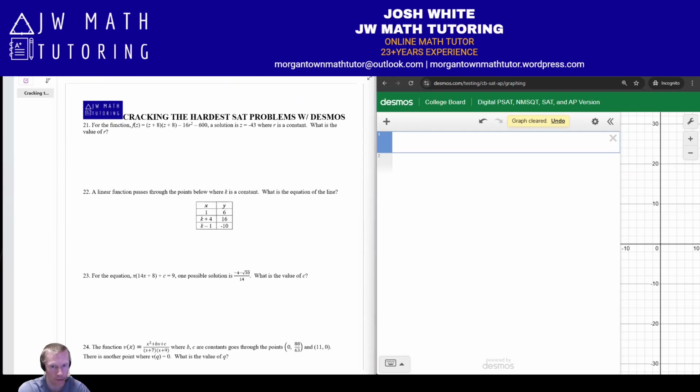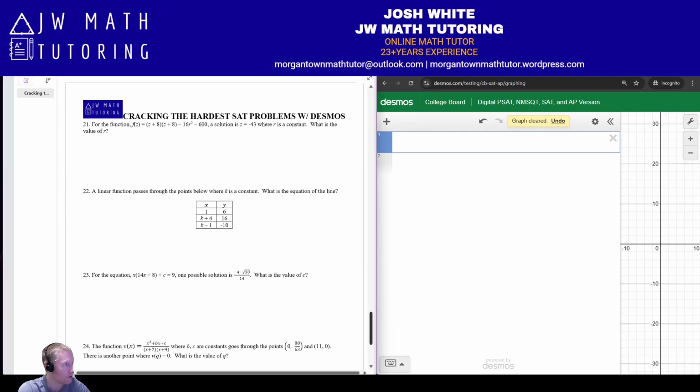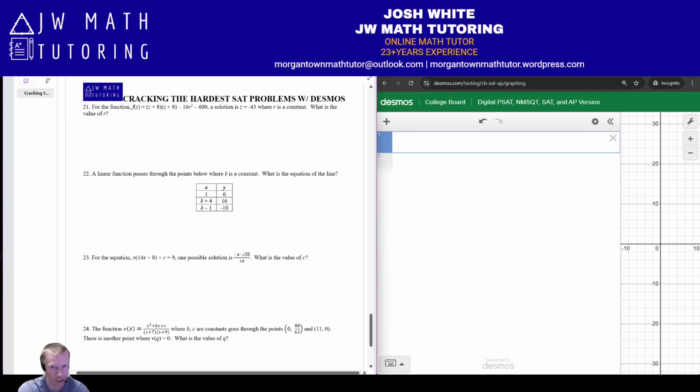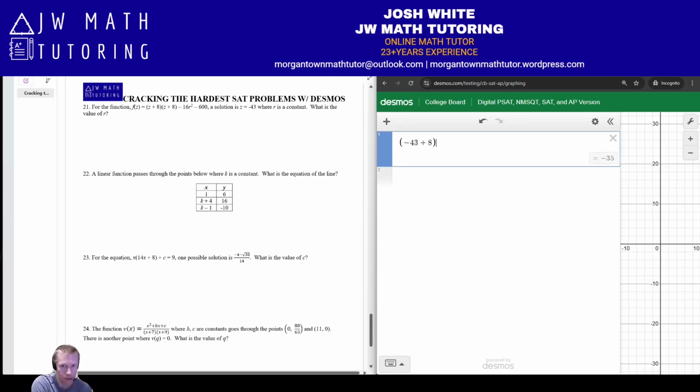All right, next up, on the last page, let's look at problem number 21 here. So here you have a function, and all we really have to do for this one is just take z, replace it with negative 43, type in the 16r squared minus 600.